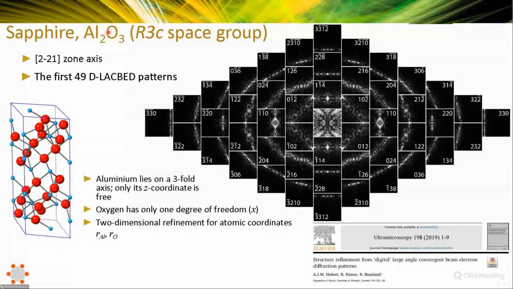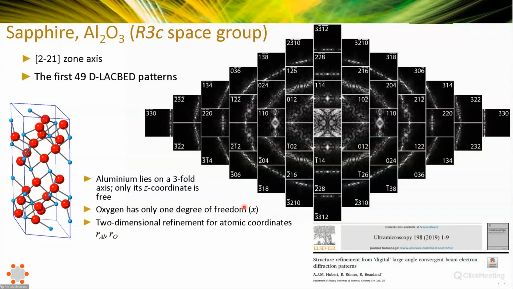Sapphire has plenty of atoms in its unit cell, but it's only got 2 free parameters in its structure because the aluminium lies on the threefold axis, so that can only move along Z. And similarly, the oxygen has only got 1 degree of freedom, that can only move along X. So we've only got a 2 dimensional refinement for atomic coordinates. So this makes it fairly straightforward.